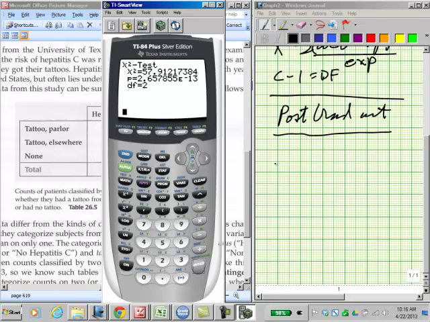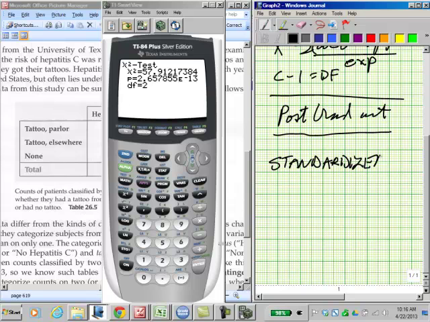So, okay. This is called the standardized residual. A standardized residual means you're going to take that residual and turn it into a z-score, sort of comparable to a z-score.